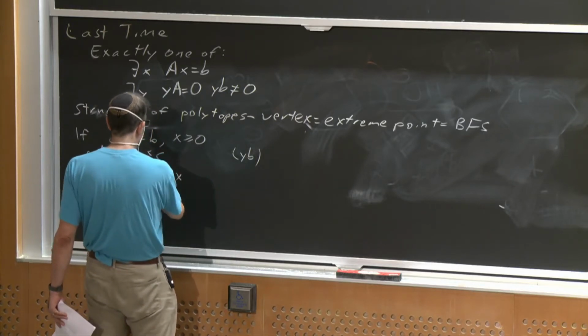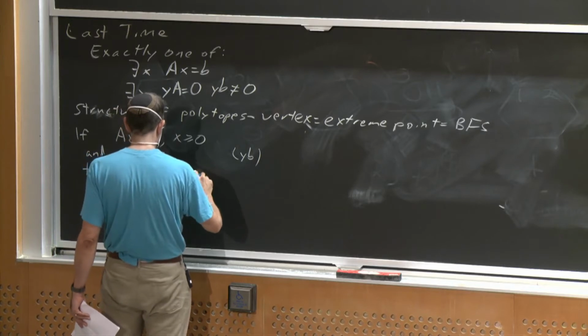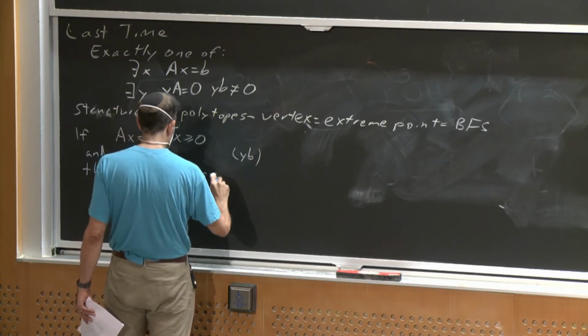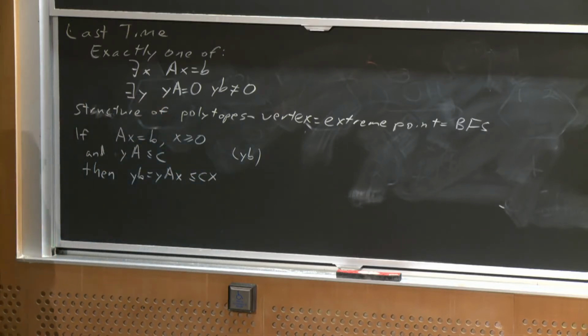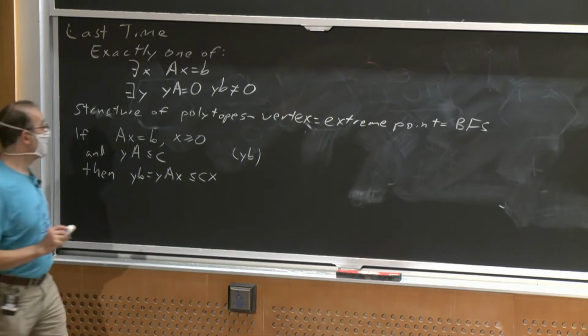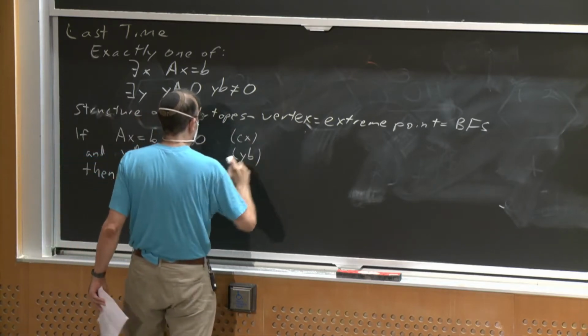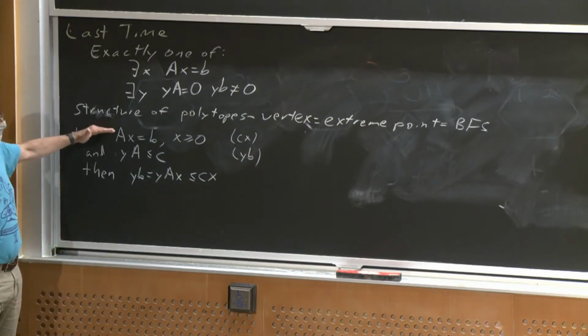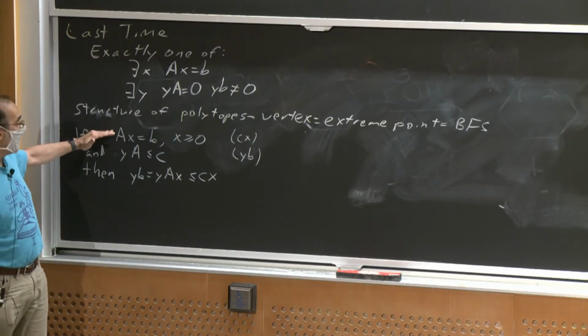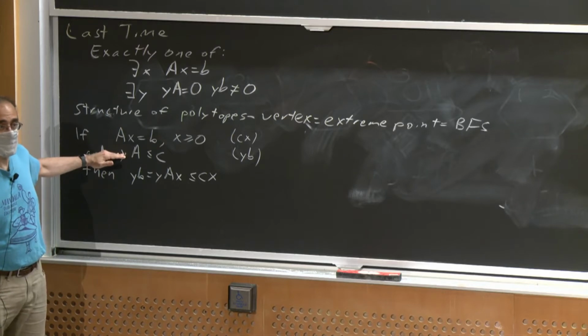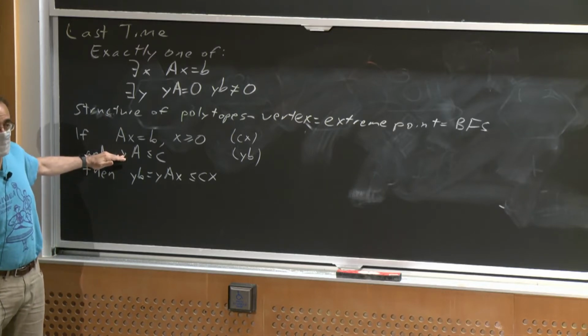But since yA is less than or equal to c, and x is all non-negative, this is less than or equal to cx. So the objective of the standard form linear program always upper bounds the objective of the canonical form dual to that linear program.